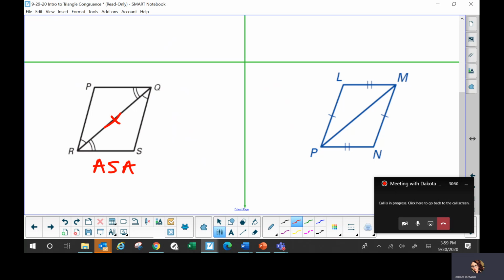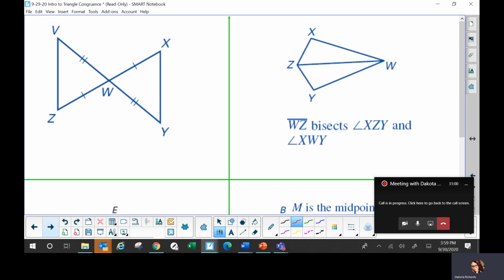Over here, again, they share a side. These two triangles would be congruent through side, side, side. On this one, it gives you that bow tie kind of question. So you have vertical angles you have to fill in. And this would actually be side, angle, side.